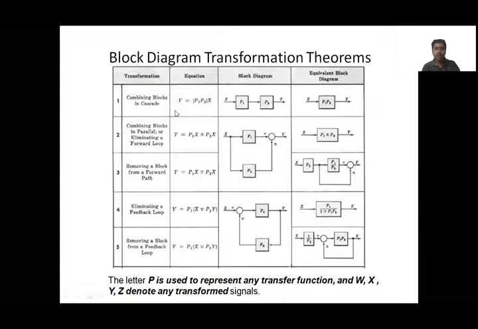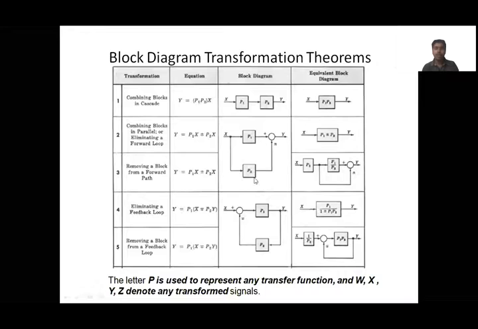Now just see the overall transformations we have seen so far. We have combined two blocks connected in series into a single block by multiplying these two gains. P1, P2 are given in cascade form, so overall it is P1 P2.